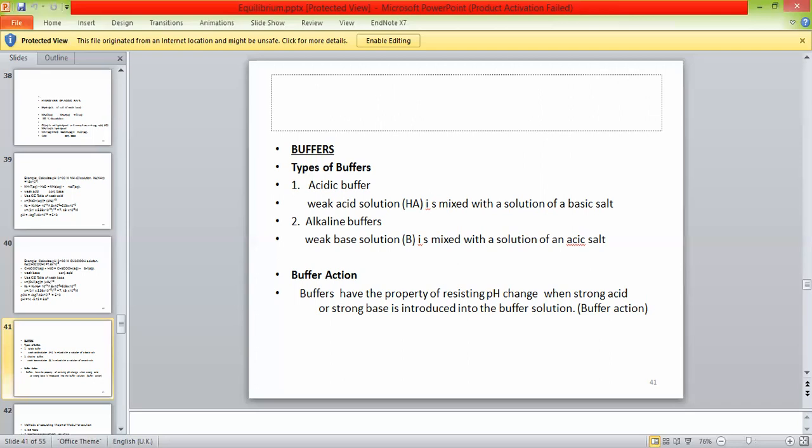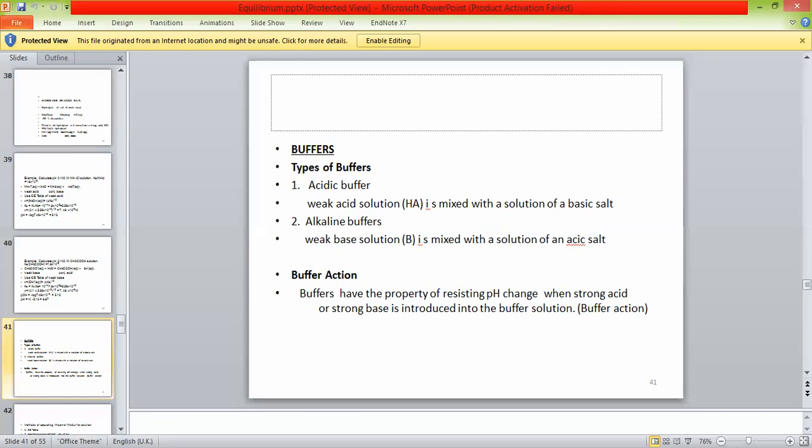Now, the extent to which a buffer resists change in pH is known as the buffer capacity. So the buffer capacity is the extent to which a buffer solution resists a change in pH, and this has a value of plus or minus 1.